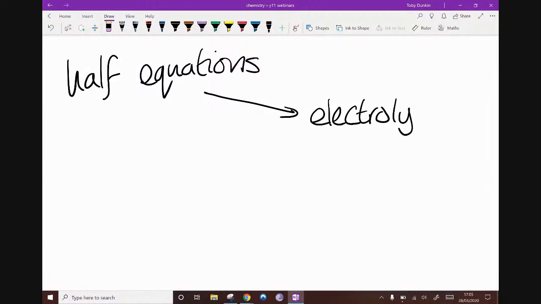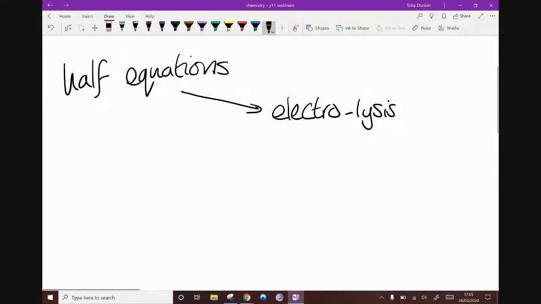Electrolysis. Just to say, there is no actual dash there, but I do that because the name itself tells you what's going on. The word lysis means to split, and electro, of course, meaning electricity.